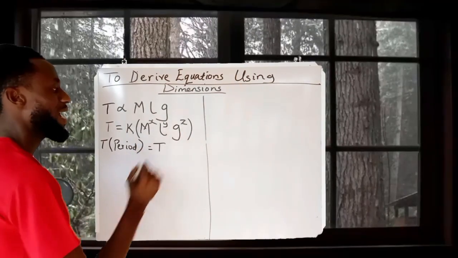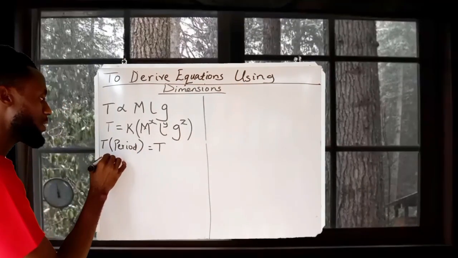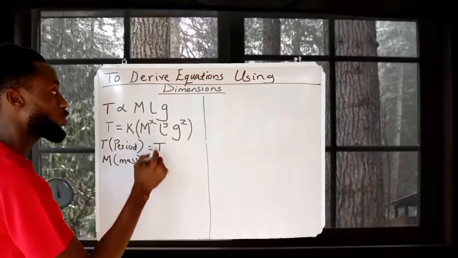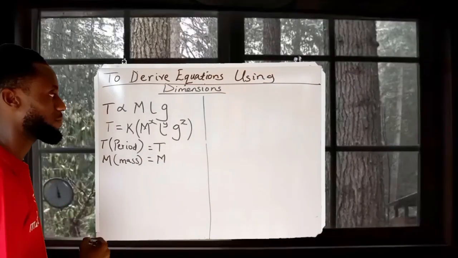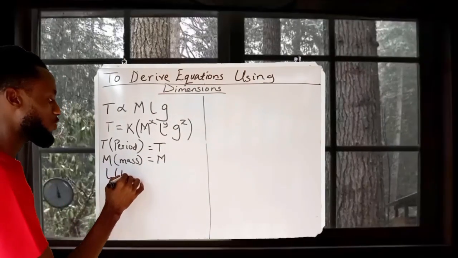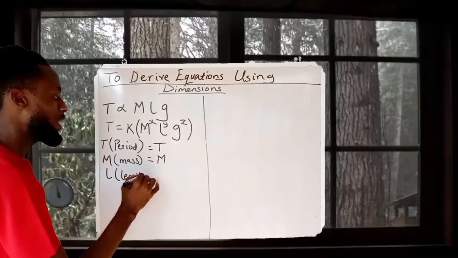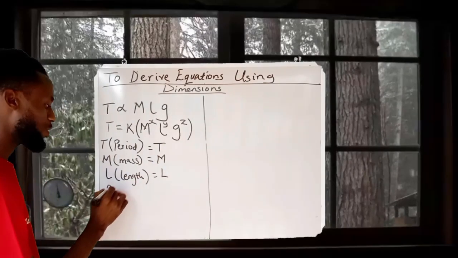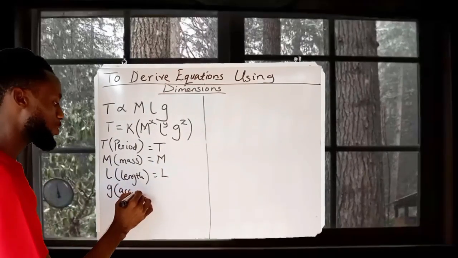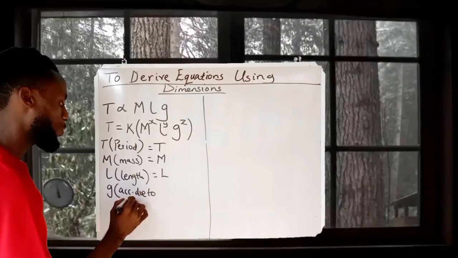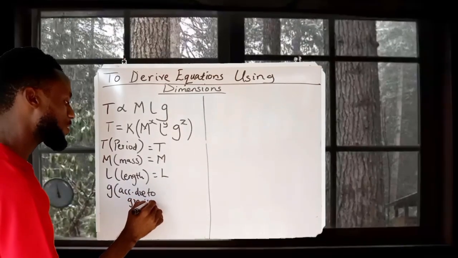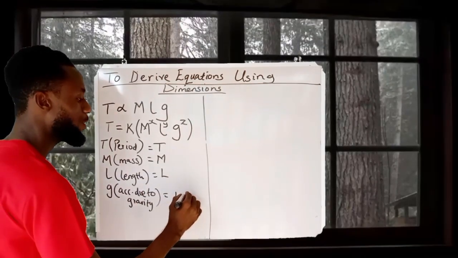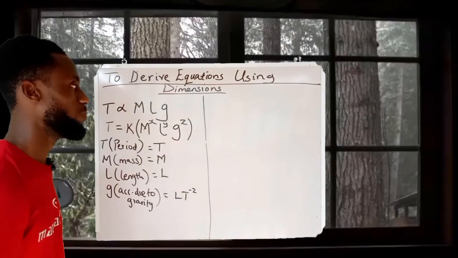So it's going to stay as T. M in the question symbolizes mass, and that's a fundamental quantity, so it will stay as capital M. L, which is the length of the pendulum, will be given the symbol capital L. And g is acceleration due to gravity, so we are going to give it the normal dimension for acceleration, which is LT minus 2.